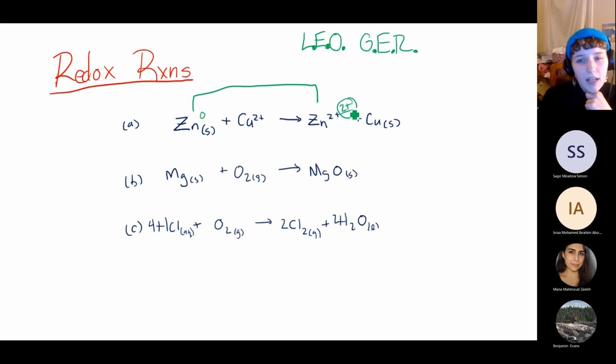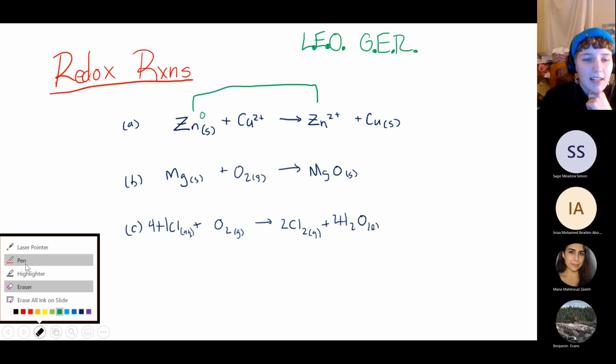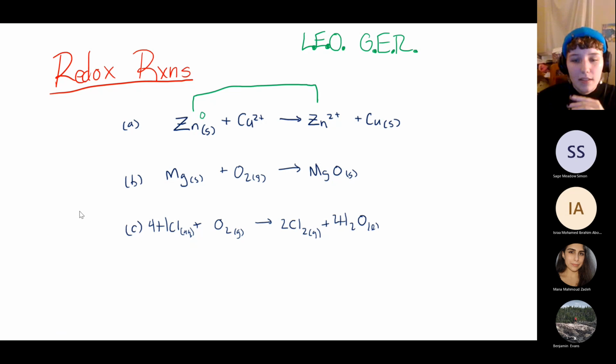All right. But that's already written for you. But what does that mean? How did that zinc gain the 2+? Anybody want to tell me? It took it from the copper. Right, sort of.